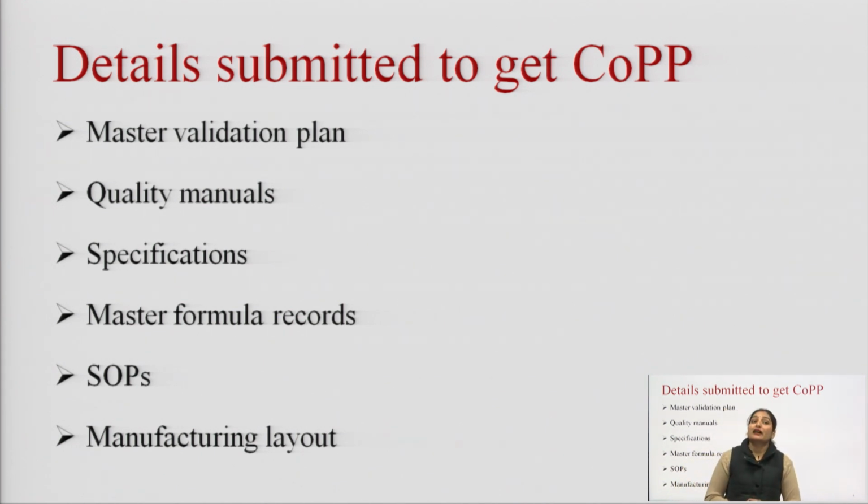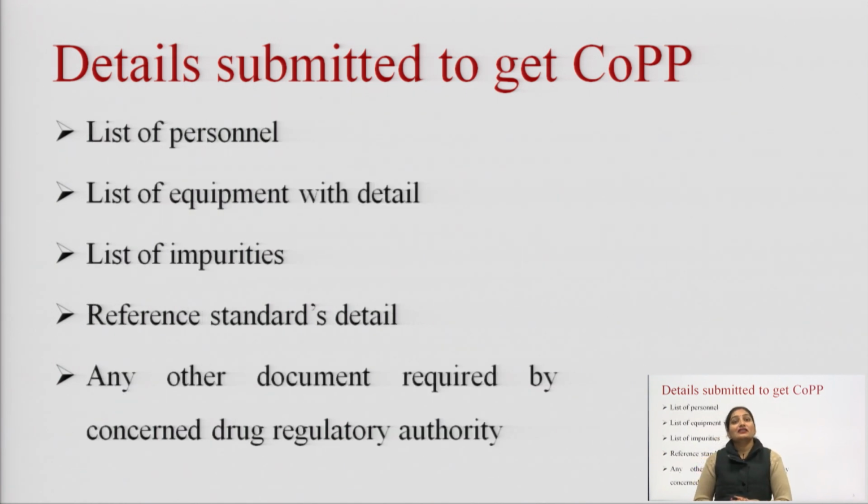These documents are: first, master validation plan; second, quality manual; third, specification; fourth, master formula record; fifth, SOP; sixth, manufacturing layout; next, list of personnel, list of equipments with details, list of impurities, reference standards detail, and any other documents required by the concerned drug regulatory authority. List of personnel consists of the name of the person, the designation of the person and the qualification of the person.